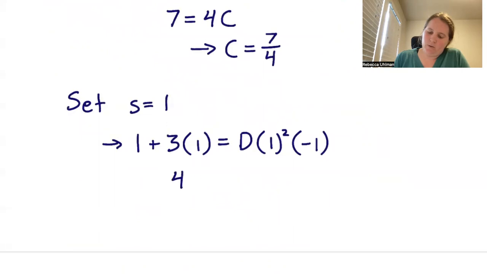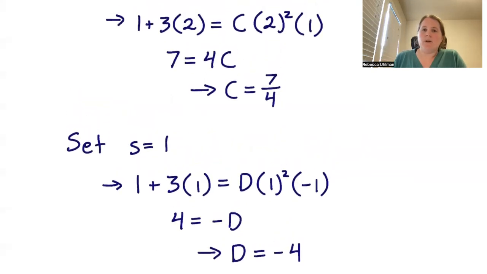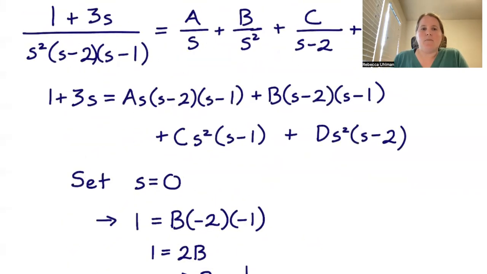And this becomes 4 is equal to -d, or d is equal to -4. The only one we have not yet solved for is a. So we can go ahead and solve for that a if we wish.